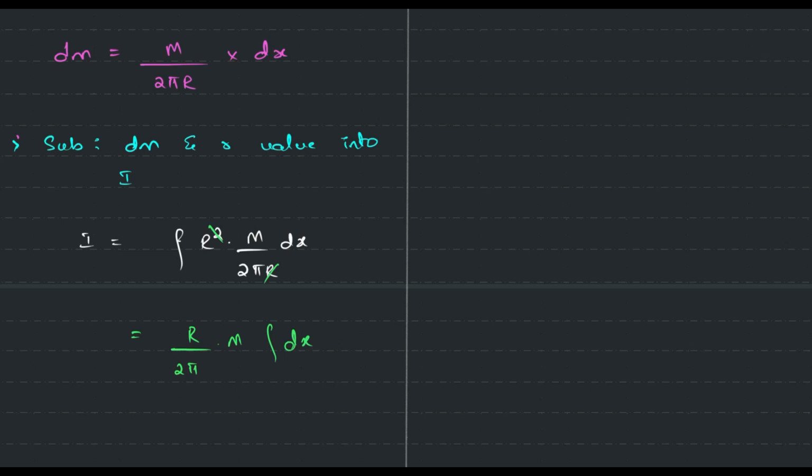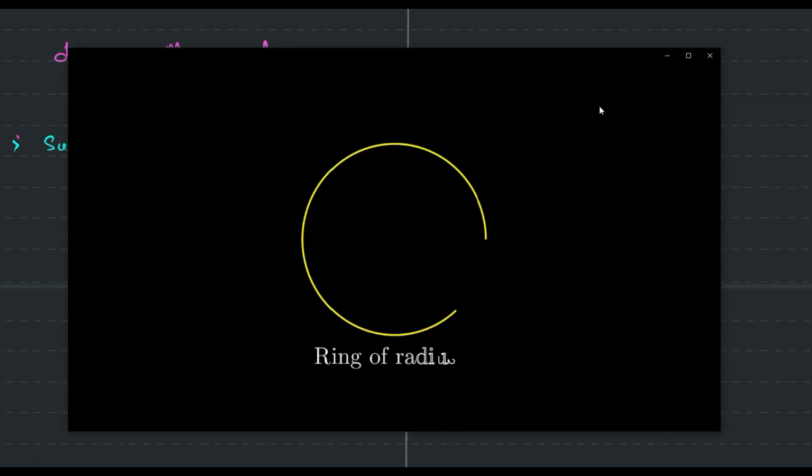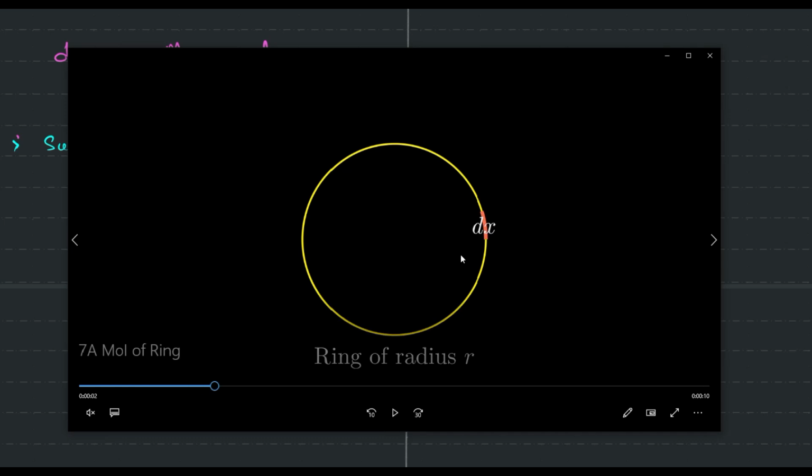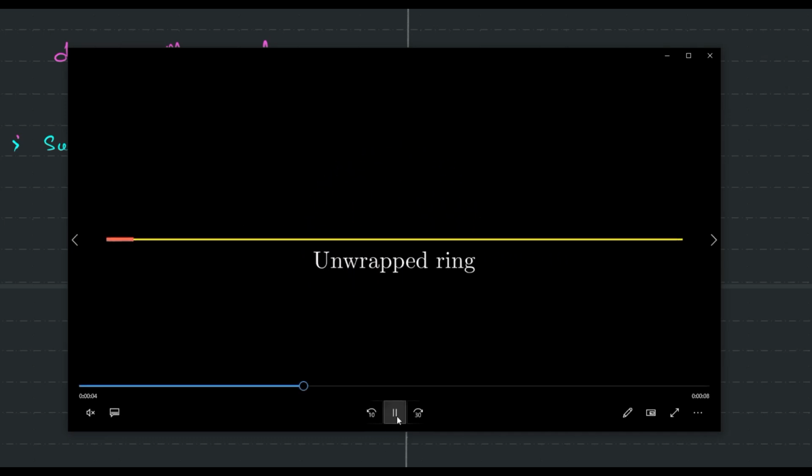Now, integration of dx, let me put it to you guys in this way. Say you have a ring, right? And we consider small length dx. So imagine that the length is laid out like this. One end of the length starts from 0, the other end will go to 2 pi r. Now, what will be the limit? This is dx, remember?